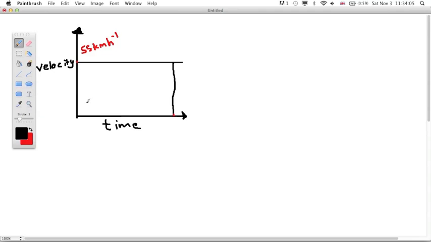It's base times height. So what is velocity multiplied by time? Well, that's distance, right? So velocity, which is 55 kilometers per hour, multiplied by time, that's the distance.